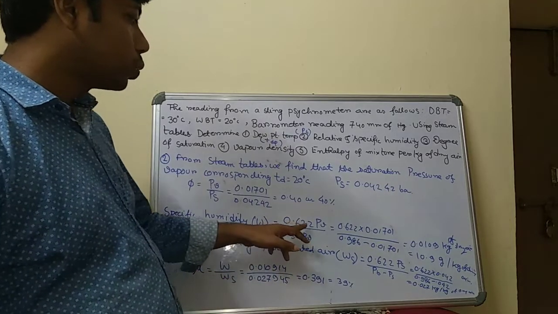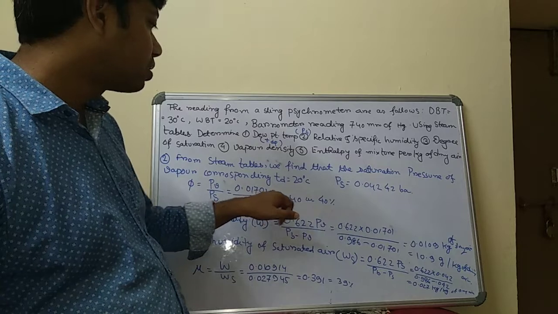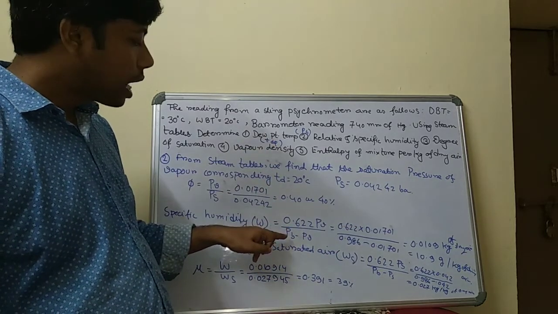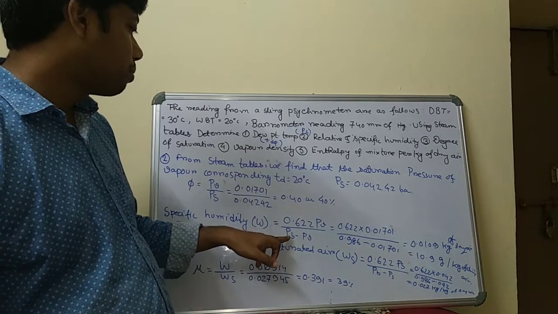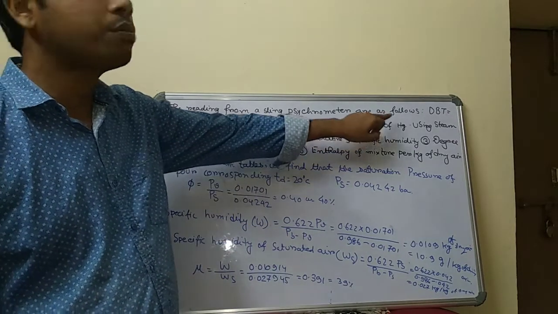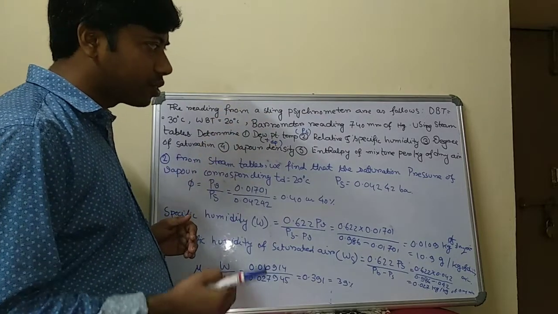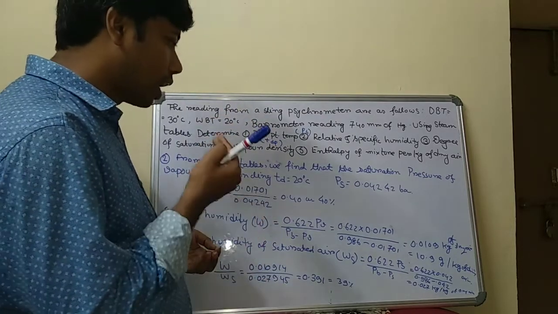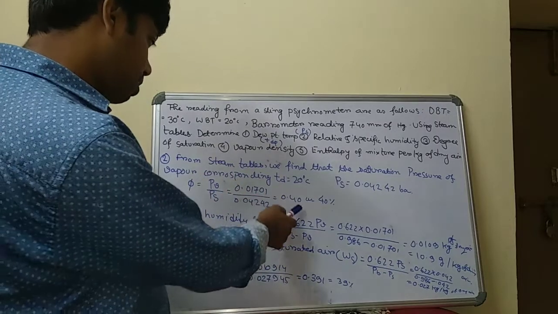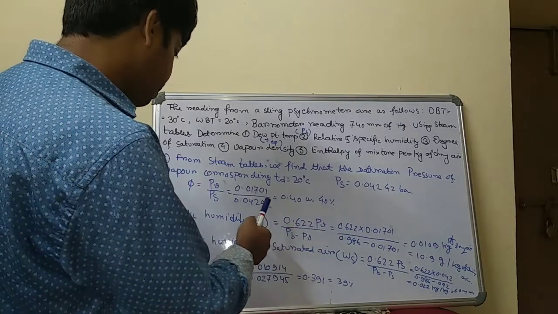PV is your partial vapor pressure, that is 0.01701, calculated in the dew point temperature part, and PB is the barometer reading, that is 744 mm of Hg. You have to convert mm of Hg into bar.